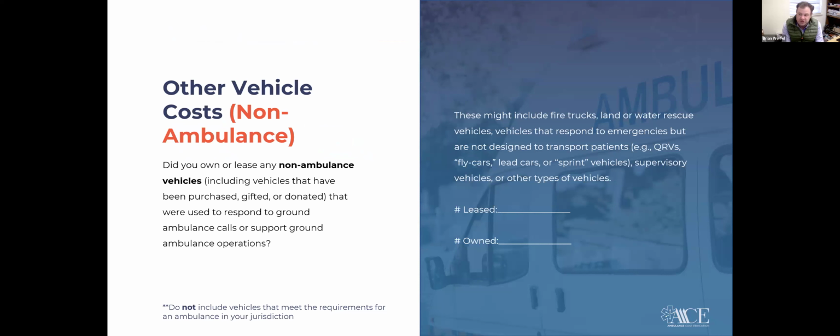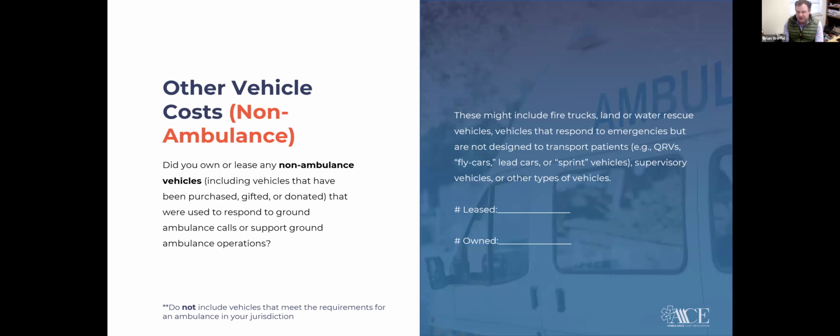If you have supervisor support vehicles or quick response vehicles, Ford Explorers that your supervisors drive around in, maybe your paramedics are in fly cars, those Ford Explorers, and they go out to meet your BLS ambulances. You would list those vehicles, and then they would ask for the number of them that are leased versus owned.